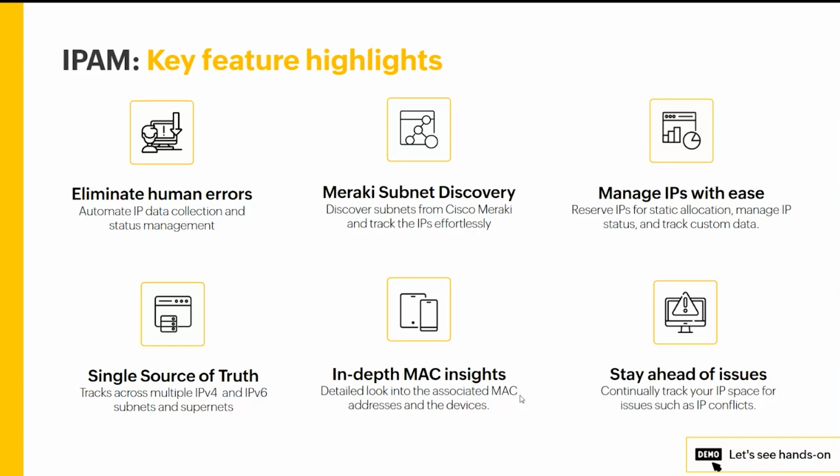You can track multiple IPv4 and IPv6 subnets and supernets across your entire network, all from one inventory. You can get detailed insights into the MAC addresses associated with each IP. With continuous IP tracking, you can identify and troubleshoot issues at the earliest. With that overview of the IPAM module, let's head over to the product and see these features in action.